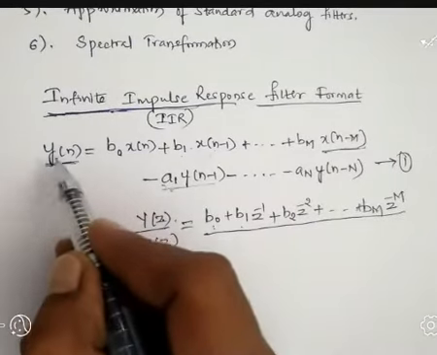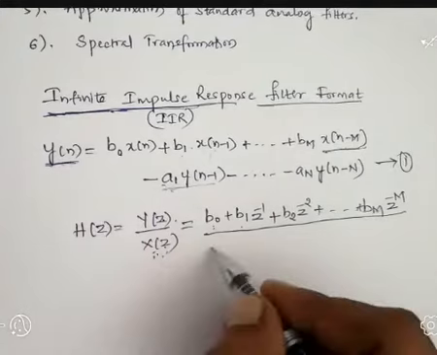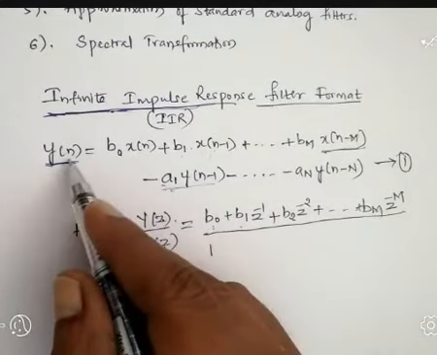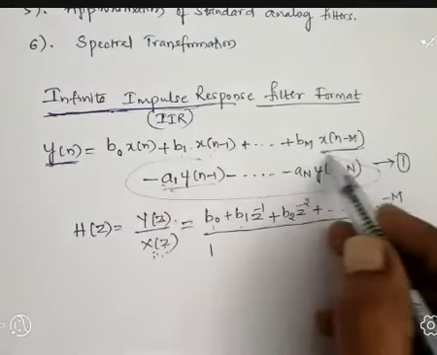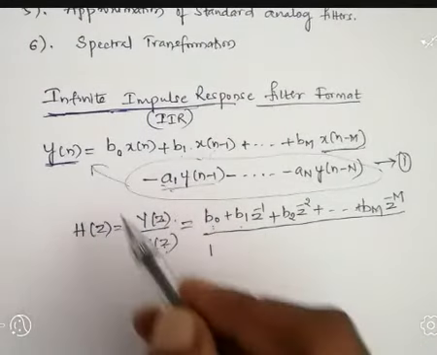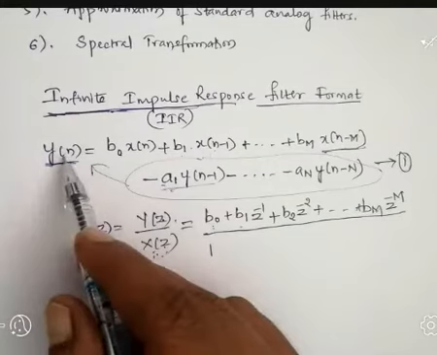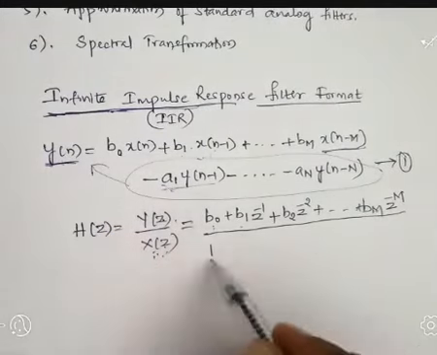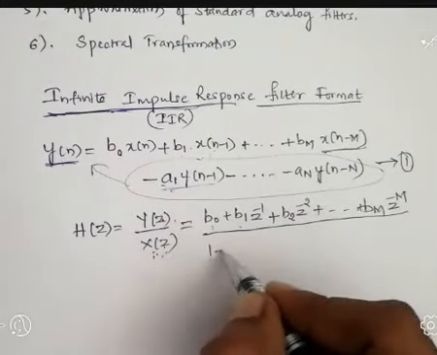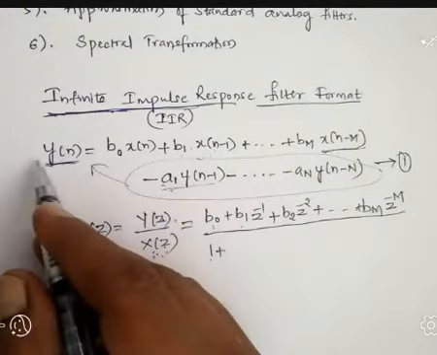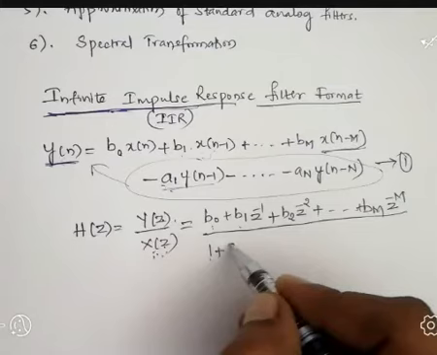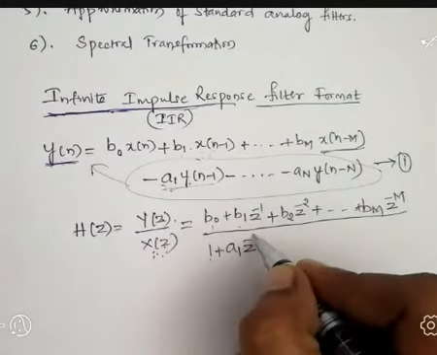Because the Z transform of y of n is Y of z, we have taken Y of z common. All these terms we take to this side, taking Y of z common. Then the coefficient of Y of z is 1 plus, if you take minus a1 towards this side, it becomes plus a1 z to the power minus 1, because Y of z is taken common.